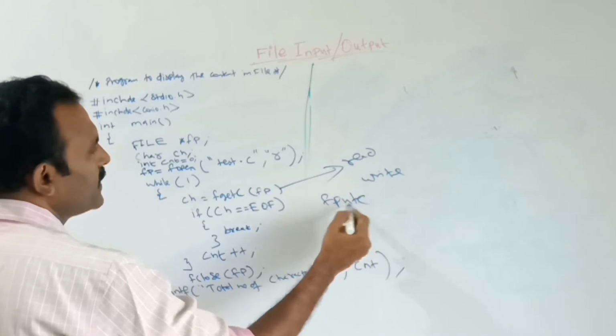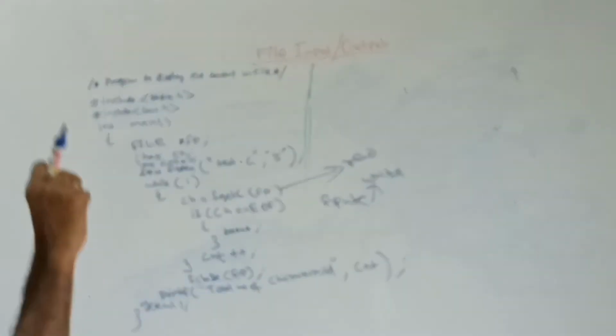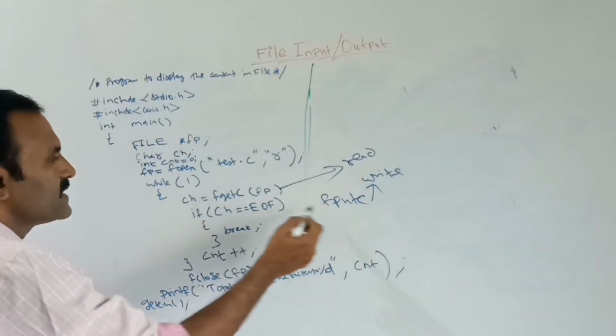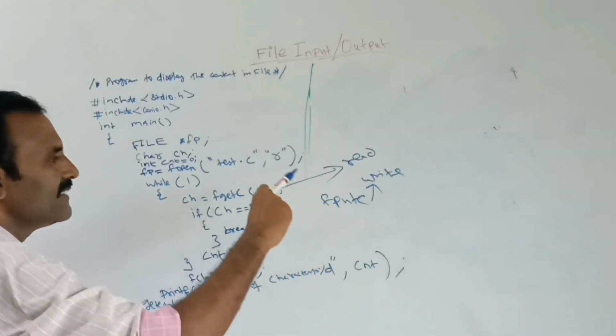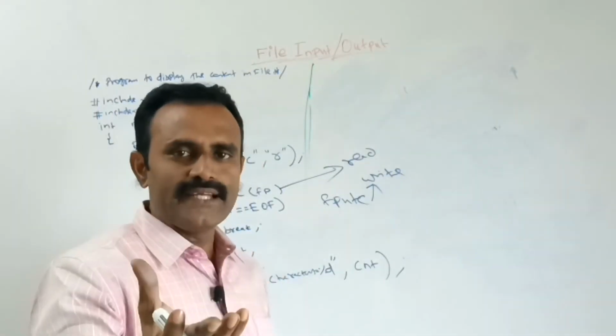By using this function we can write the content to the file. Instead of getc, if you use putc, we can write the content letter by letter to the file.